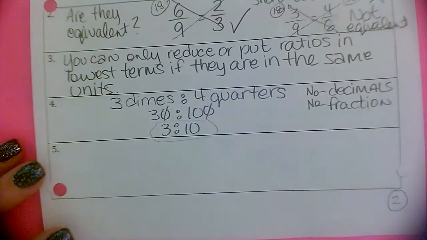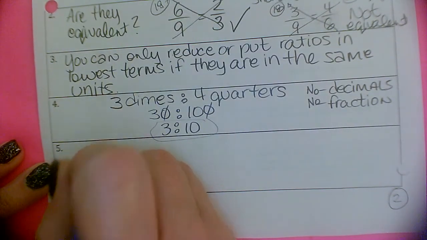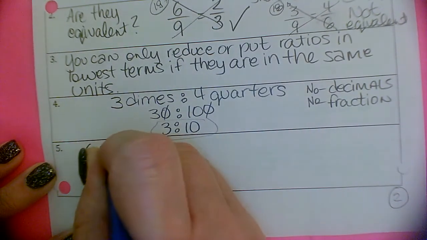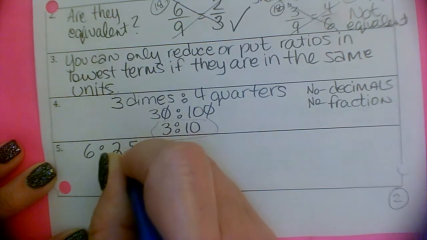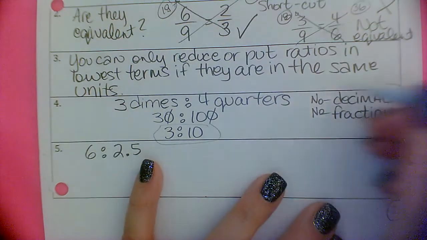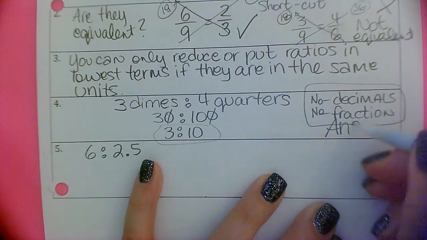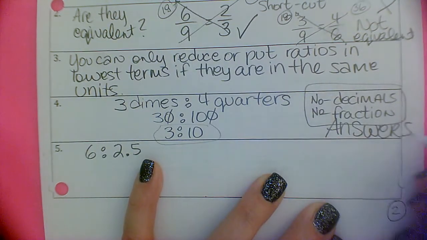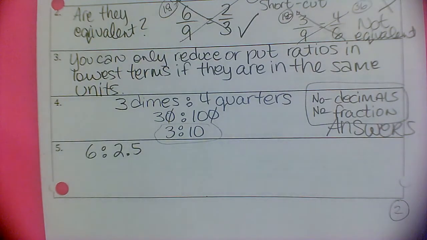So what happens if we end up with something that is 6 to 2.5? Same units, but we never want to leave our answers with fractions and decimals, right? I'm comparing something that is 6 of one and 2.5 of another.